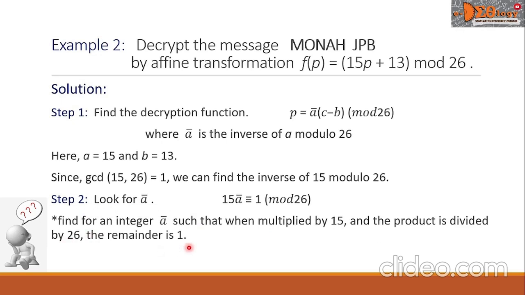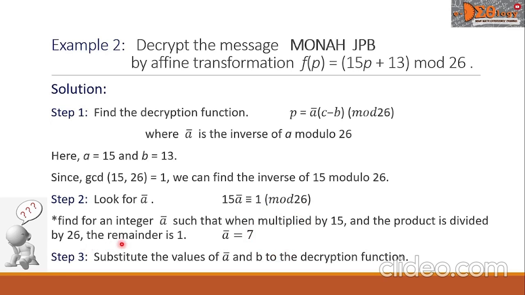We can use trial and error. Let us use our calculator and look for that specific integer. So in this case, the a bar is equal to 7 because this 7 multiplied by 15 and the product is divided by 26, the remainder is 1.